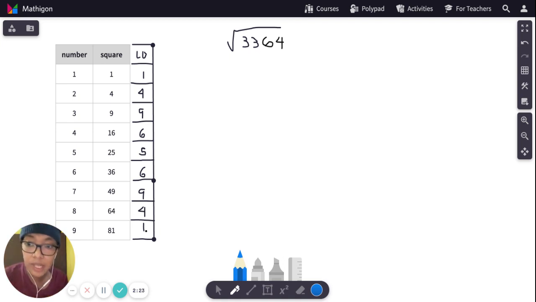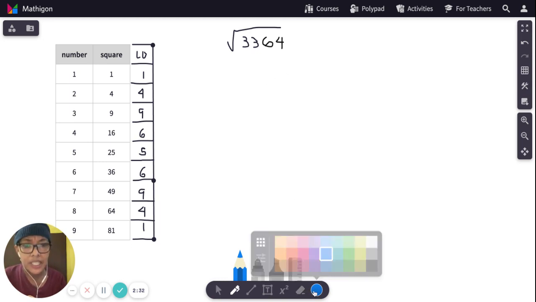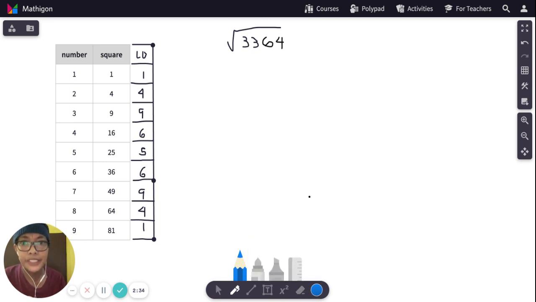So how to get the square root of this certain number without using your calculator? So let's start. First, you look at the last digit of your square root. So if you notice, this is 4.